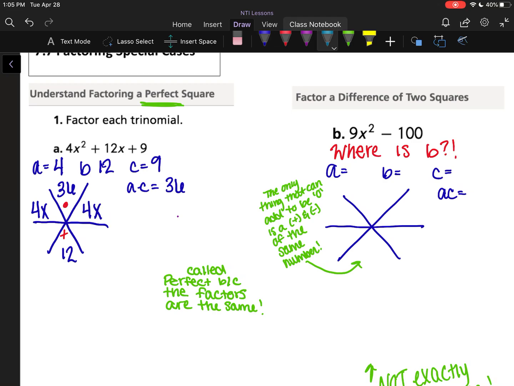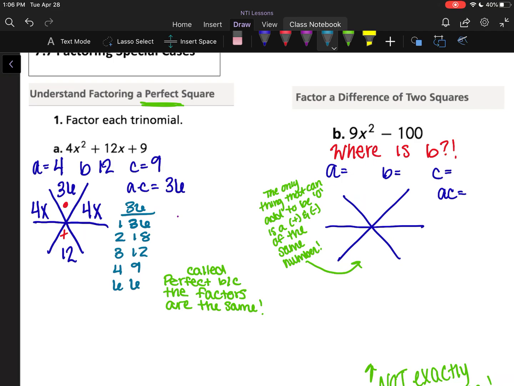Now, as we list out our factors of 36, there are quite a few. 1 and 36, 2 and 18, 3 and 12, 4 and 9, 6 and 6. And we want to add to be 12.